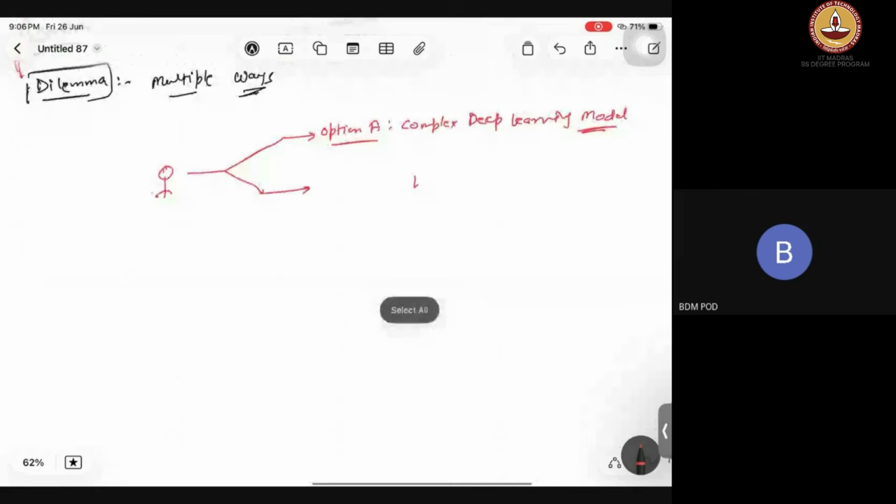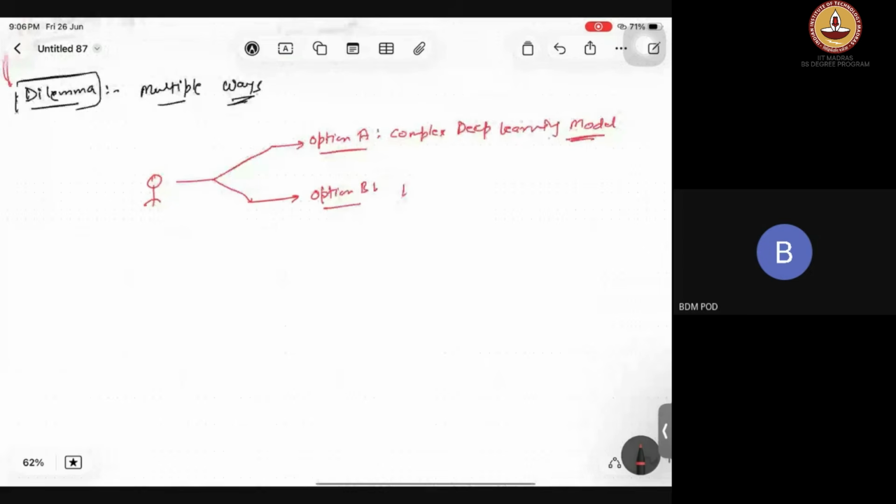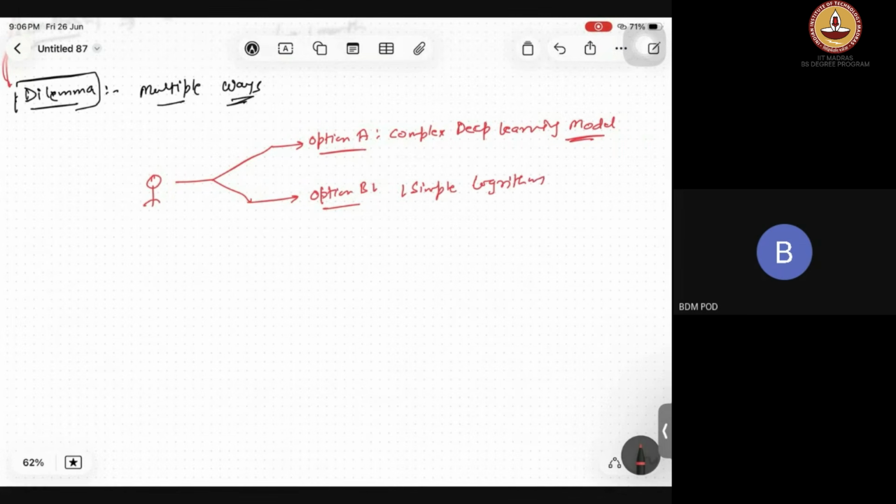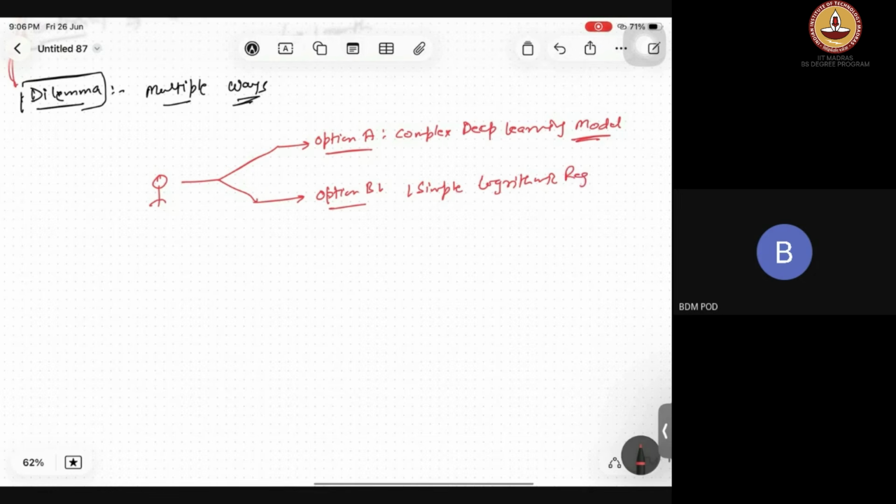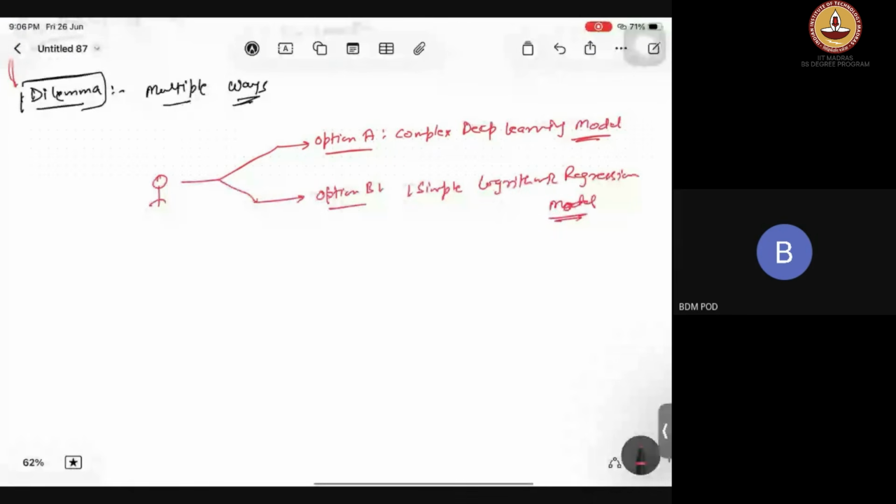Option B is that they can use a simple logistic regression model. So these are the two options. After a lot of research, they found these are the two options, and we need to opt for one.